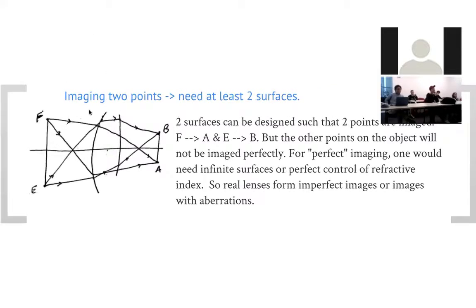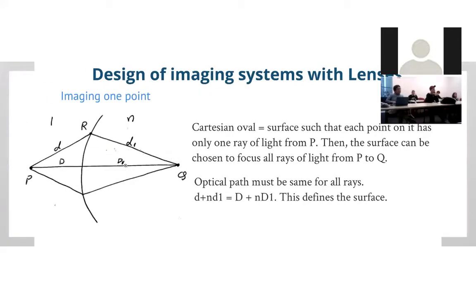First, before I move on, there's another point to keep in mind here. When we are imaging a single point, I can define a surface here such that all the rays, I can draw any ray I want here, can be focused to a single point Q. This is very, very important.